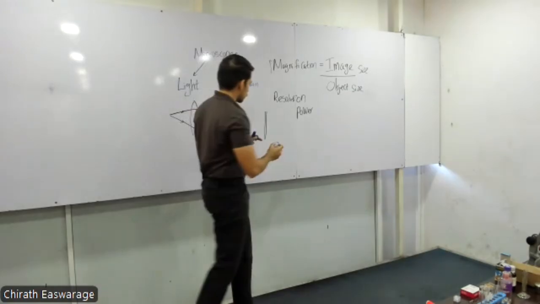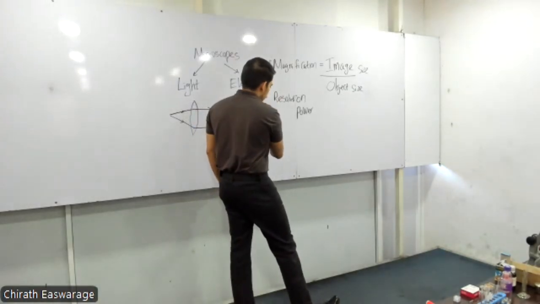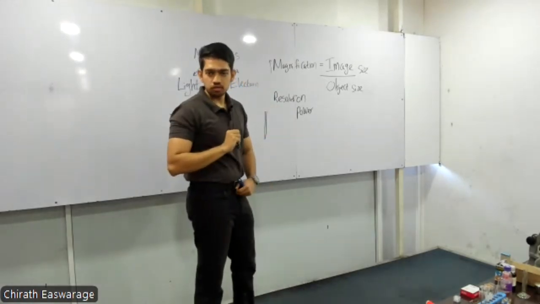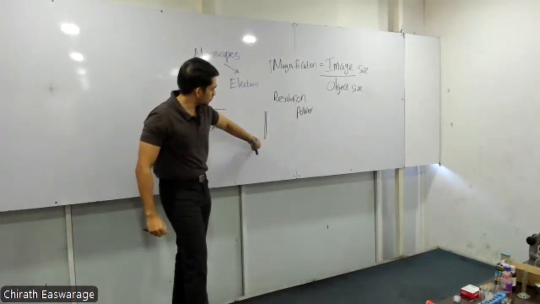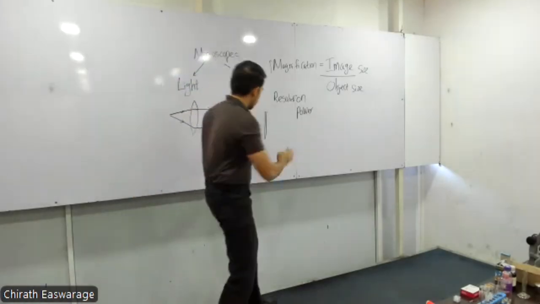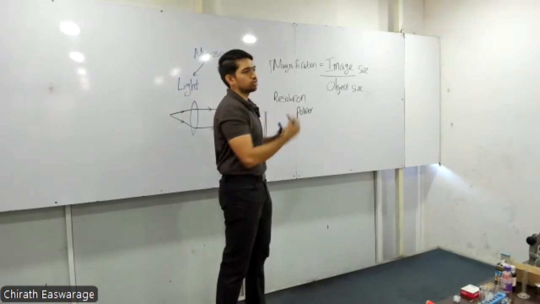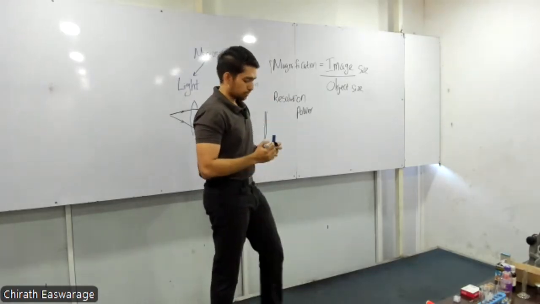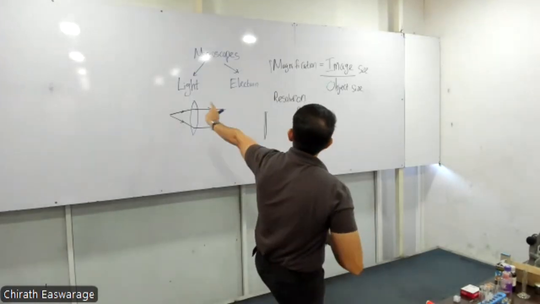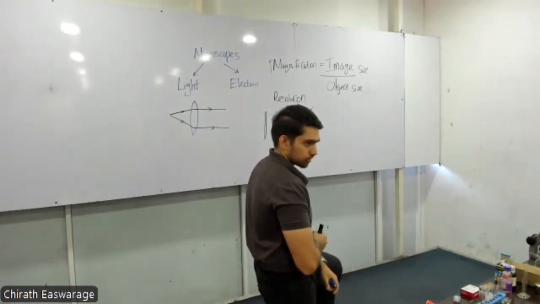When objects get smaller, we don't see the details. So if you are not seeing this as two lines, you are missing some detail. But if you are seeing this as two lines, you are seeing detail. That is resolution power. This resolution power depends on what kind of wave we are using to observe.